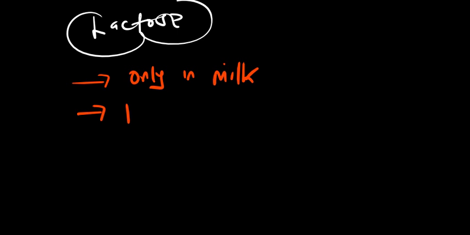Now further, we talked about lactose. What about lactose? The lactose itself, we said, is only found in milk. Now this lactose has different concentrations in different organisms, but what we need to know is that lactose is a reducing sugar.